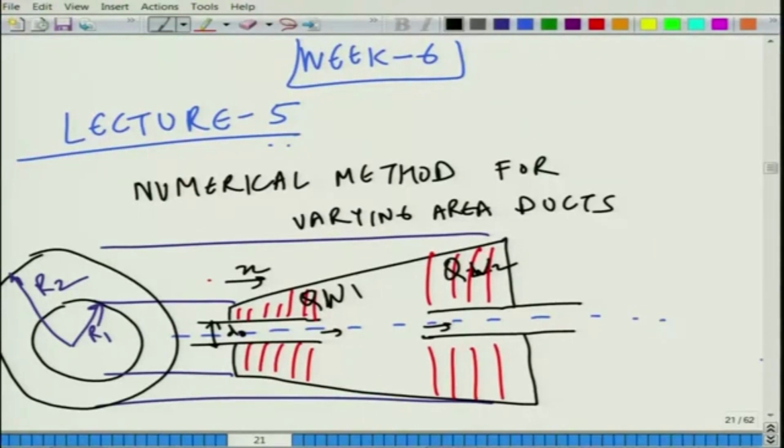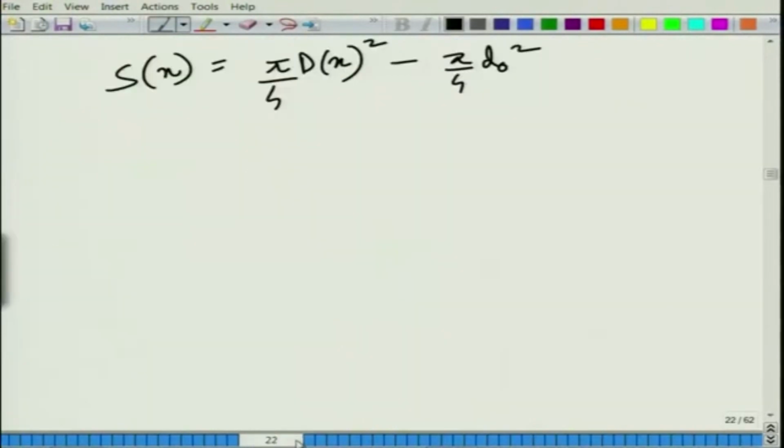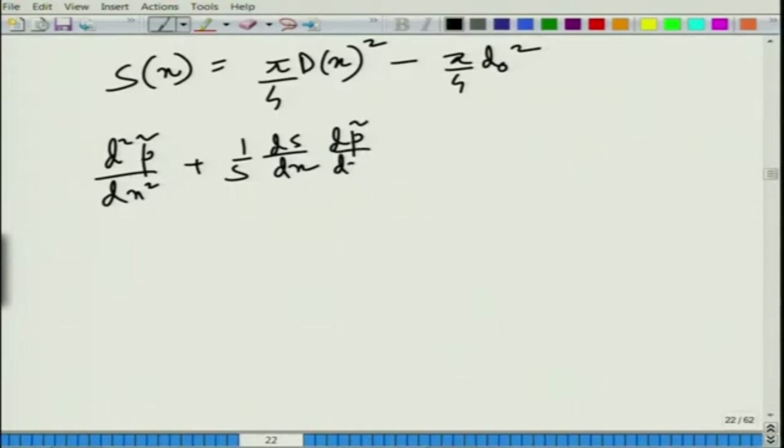Now, it is difficult to find out the analytical solution for this equation, where S(x) is the gradually varying area flare, that is the conical area minus the cross sectional area of the inlet pipe.